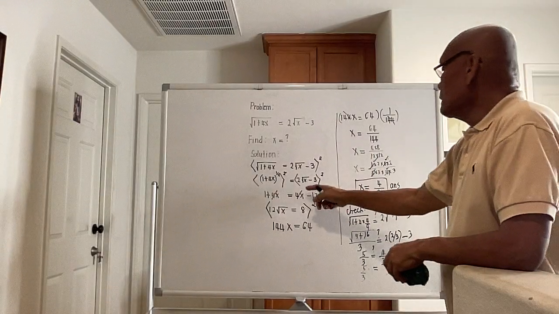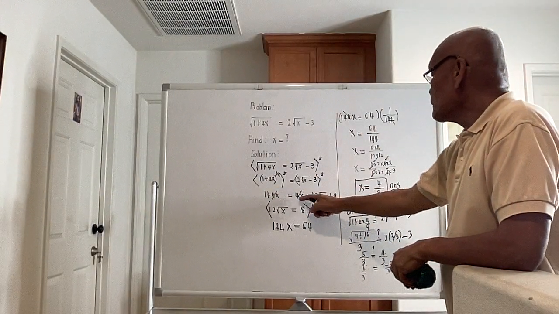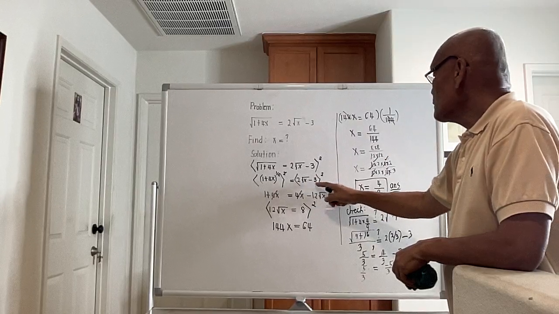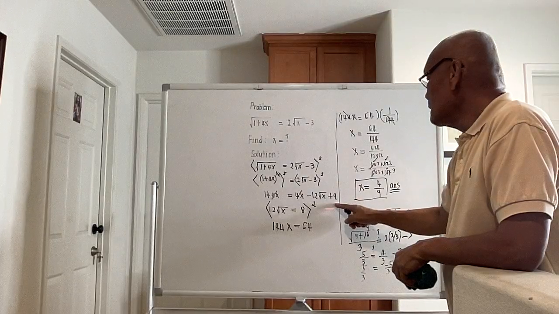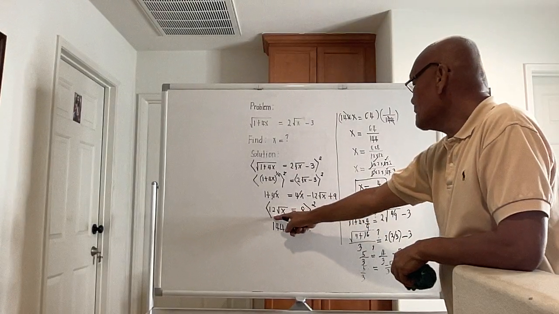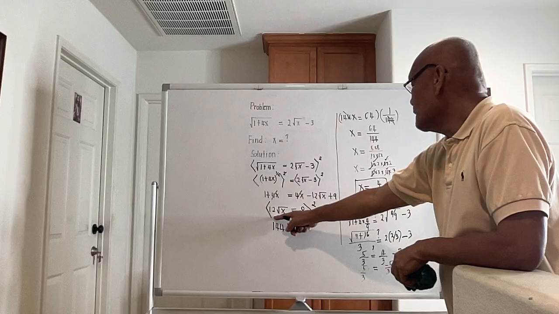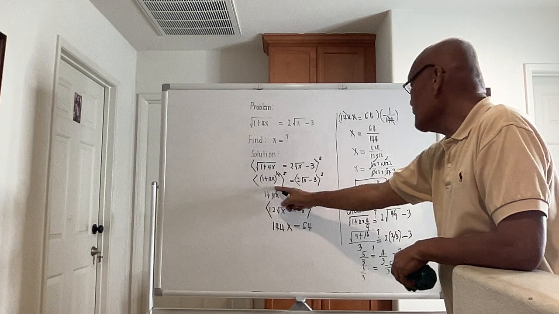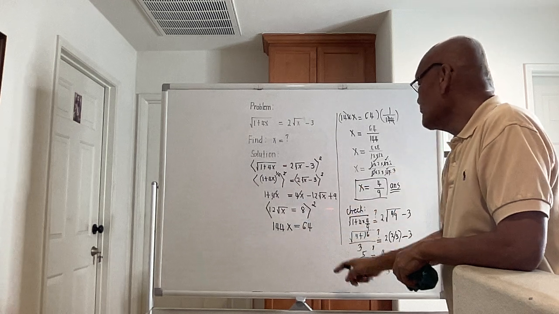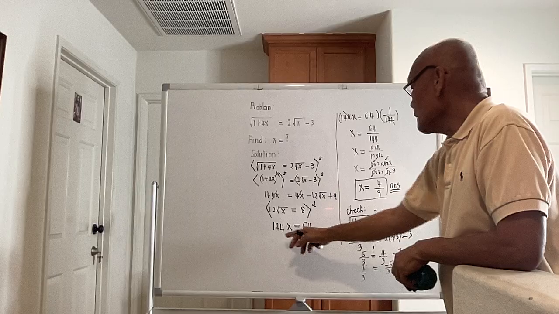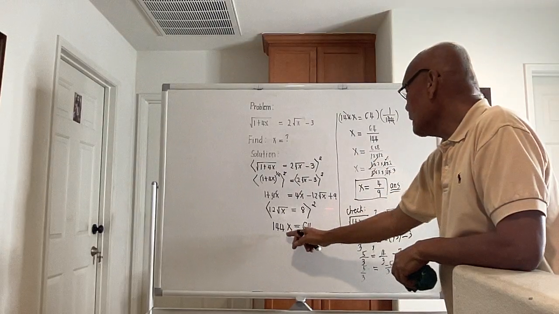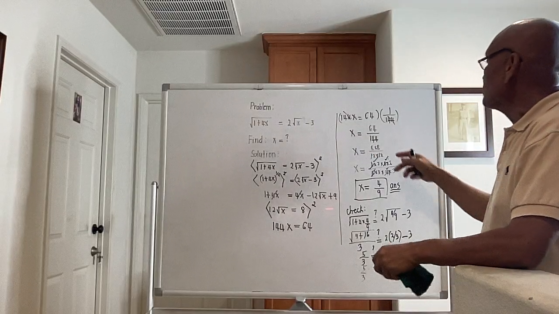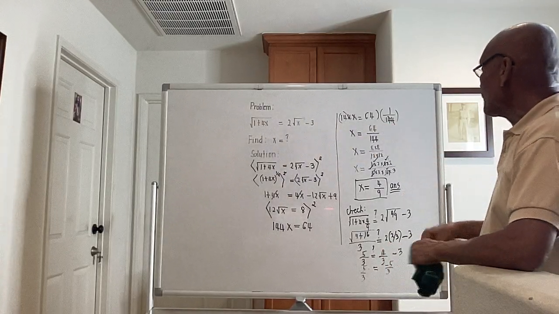Okay. The square of the first one will be 4, the square of x, 3, 6, 12 the square of x. The square of 3 is plus 9. 12 the square of x. And 9 minus 1 will be 8. Again, squaring both sides, 144x equal to 64. So x now will be equal to 64 over 144.